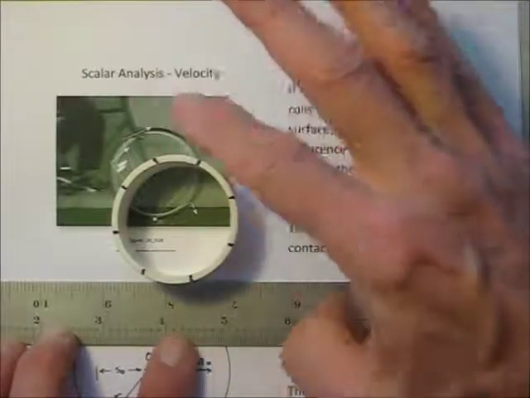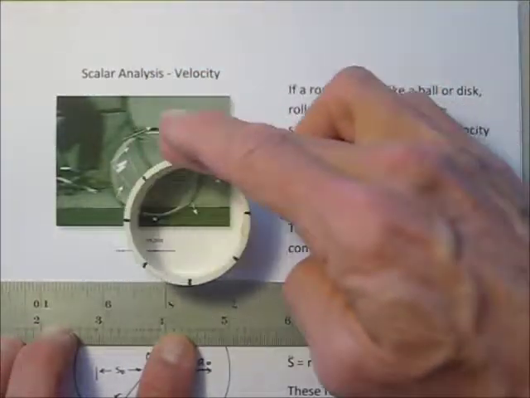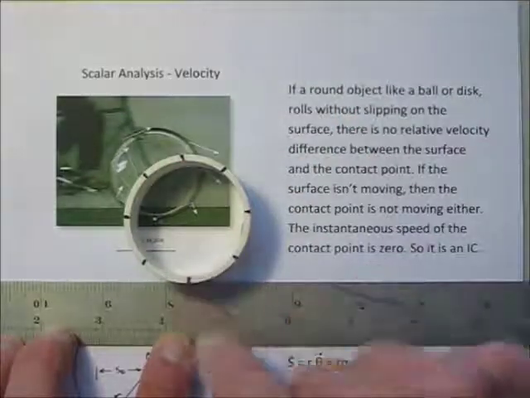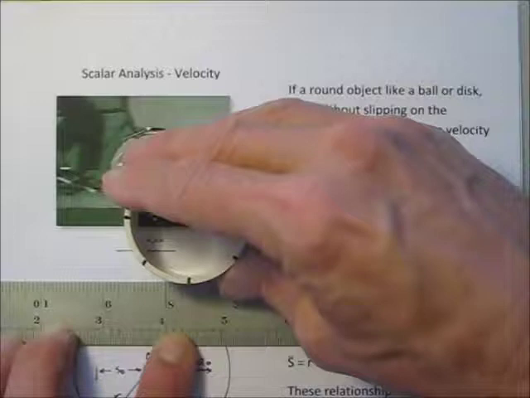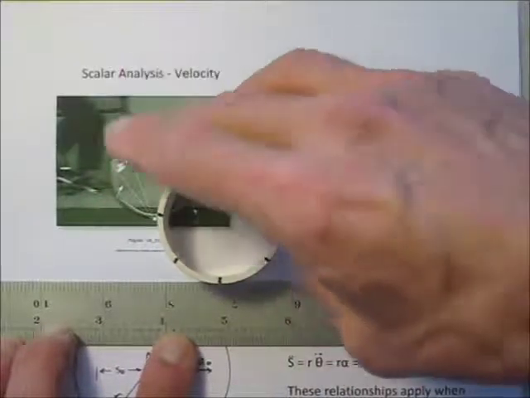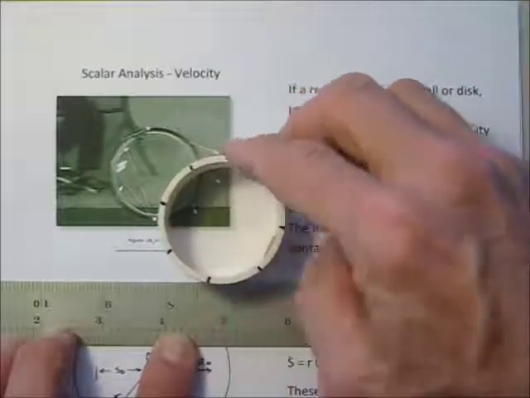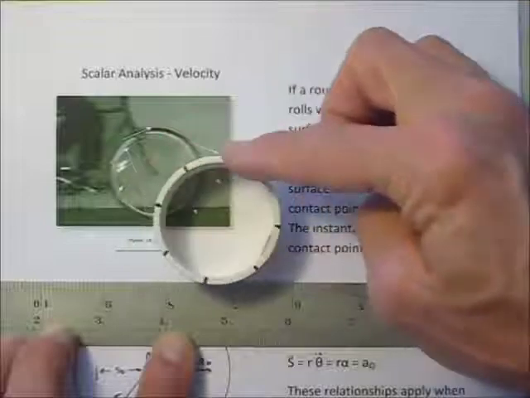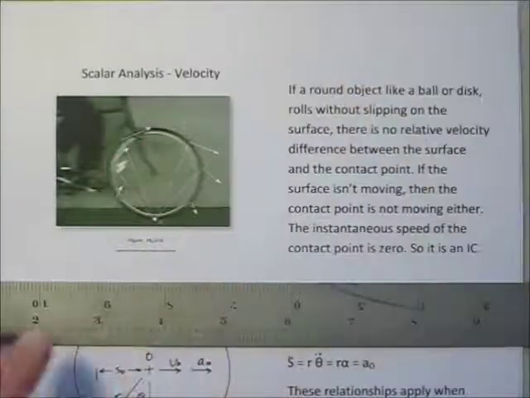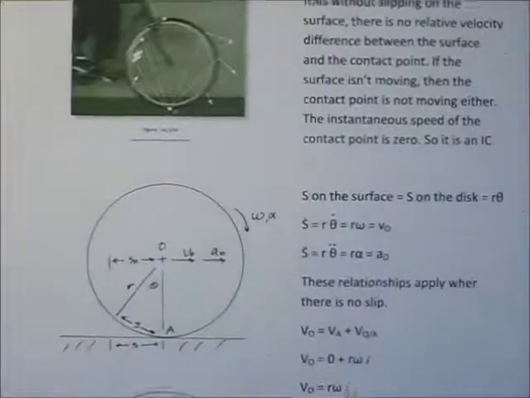You can see that if it doesn't slip, then there is no relative velocity between the contact point and the ruler. There would be relative slip if it was being pushed like that, or if it was being torqued and spun like this. But when there's no relative movement between the contact point and the ruler, then that is going to be an IC.